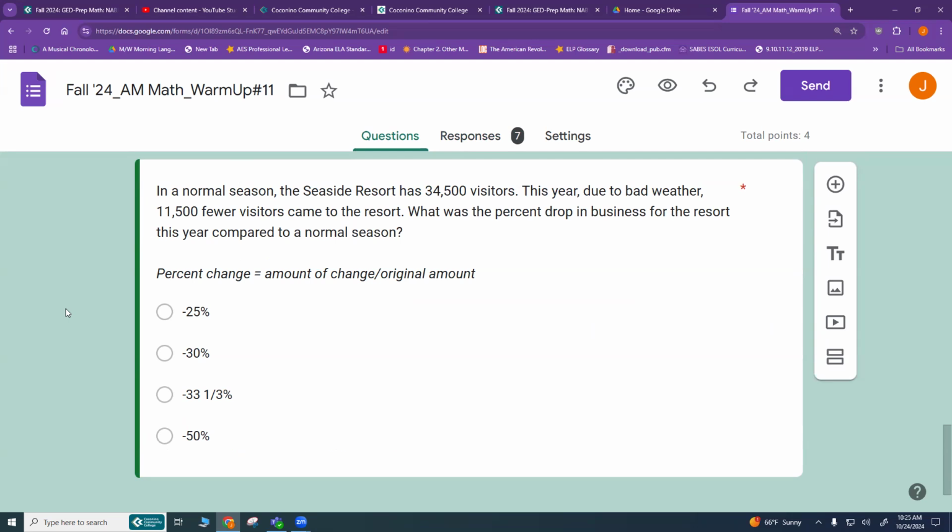What did you put as your numerator? I did 34 divided by 11. Why are you taking the original amount and dividing it by the amount of change? You aren't following the formula. That's okay.